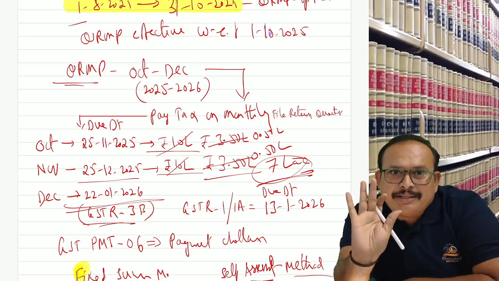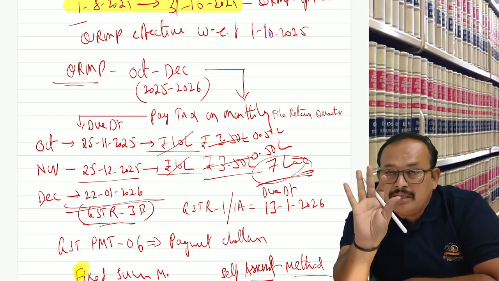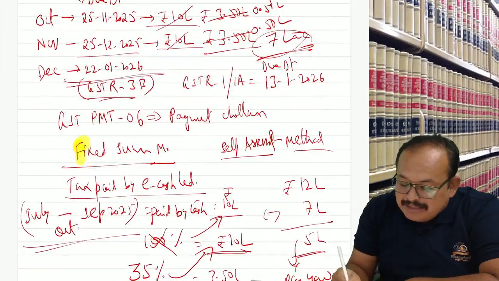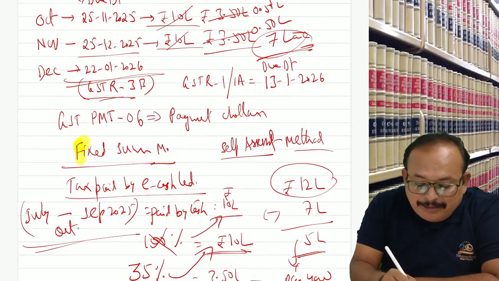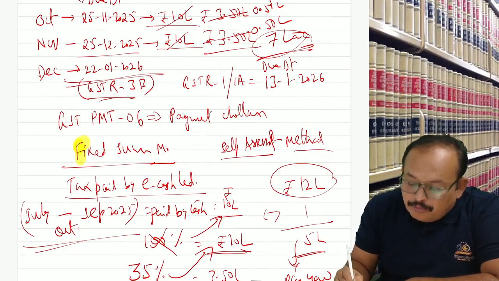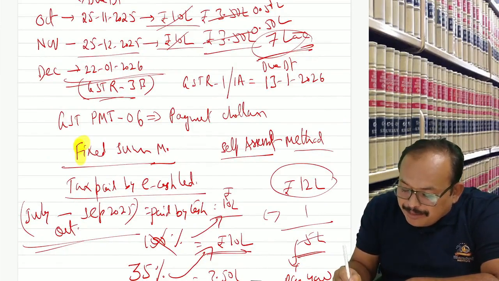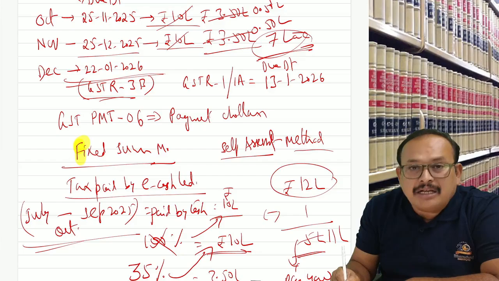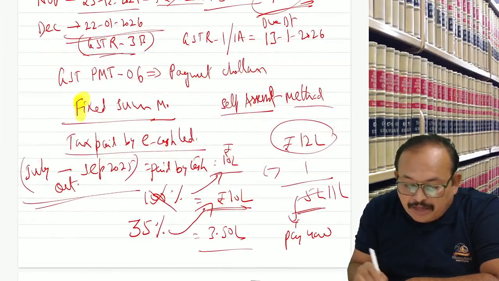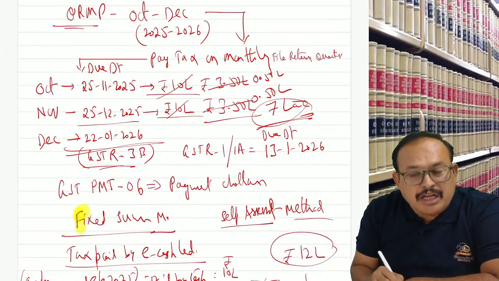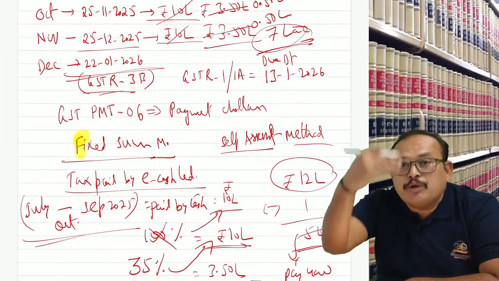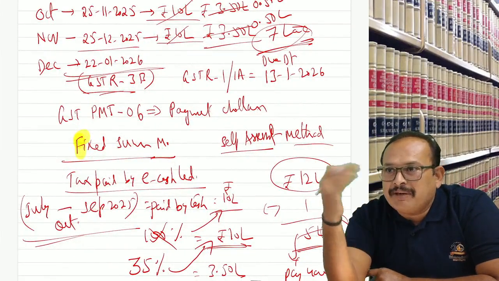But if you paid, then liability came to 12 lakhs, you paid 1 lakh, now you are going to pay 11 lakh. On or before the due date of GST 3B, if you pay the 11 lakh rupees, you are very goodbye. No delayed payment of GST, no interest.